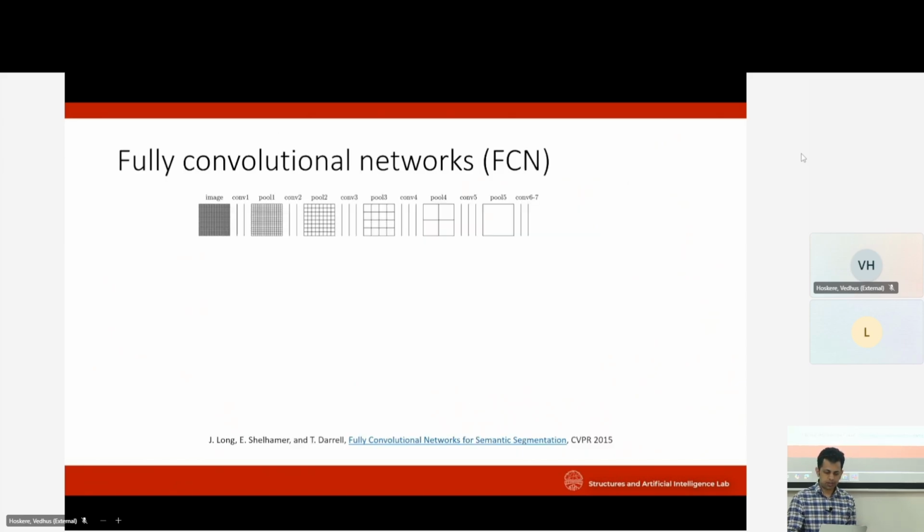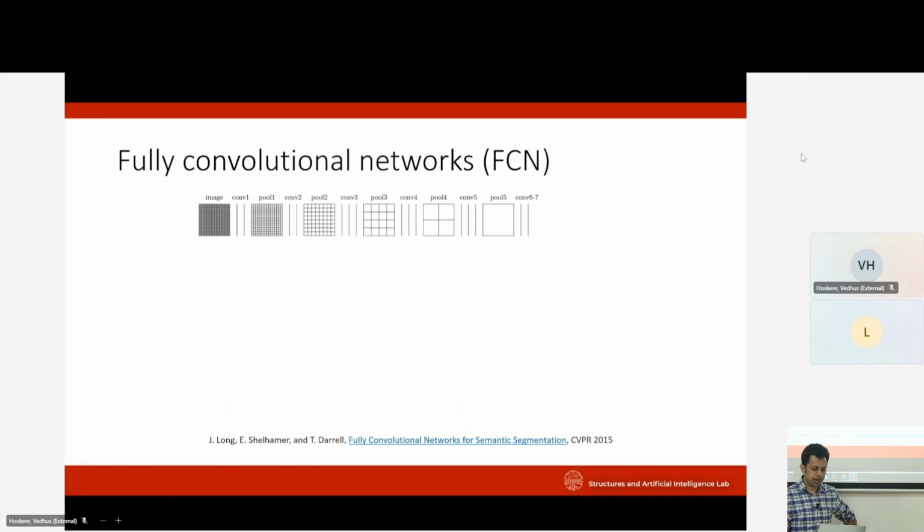So how does the fully convolutional network architecture work? This is the downsampling part of it. You have an image, you have a convolution, you have pooling layers, and you have, you know, 5 convolution and pooling, and then you have your 6th and 7th convolution.